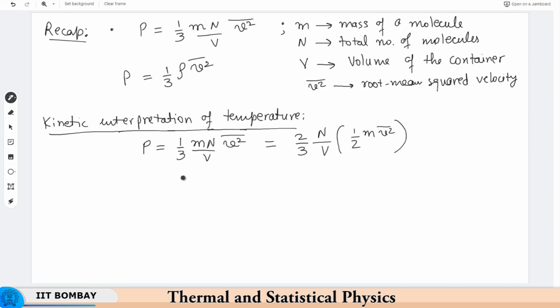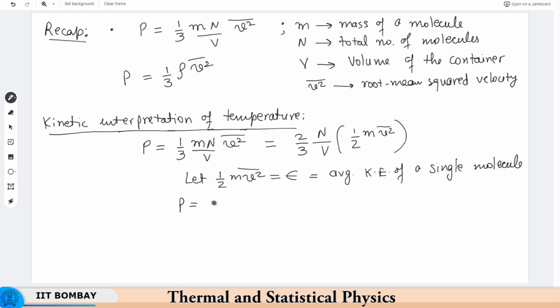So, let 1 by 2 m v squared average be epsilon, which is the average kinetic energy of a single molecule, right. So, therefore, we can rewrite this as follows: P equals 2 by 3 N by V epsilon, right.